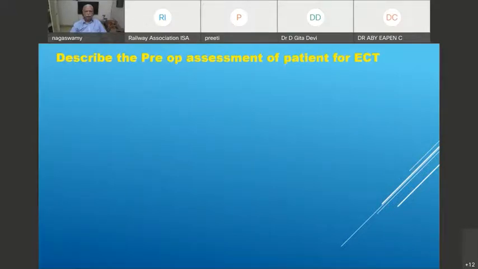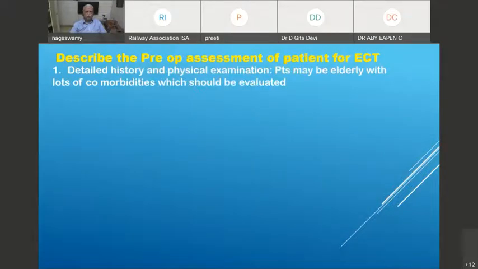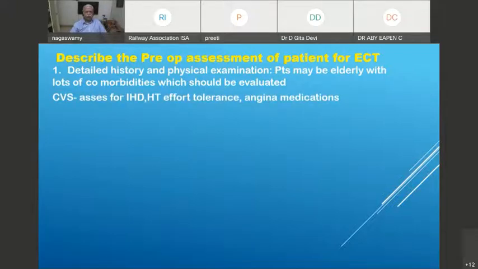And the pre-op assessment: detailed history and physical examination. The patient sometimes may be very elderly, with a lot of comorbidities which should be evaluated. In the CVS, look for IHD, hypertension, effort tolerance, and whether any angina medications are being taken by the patient.